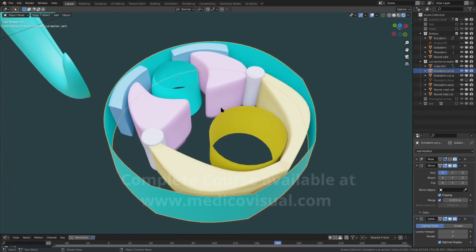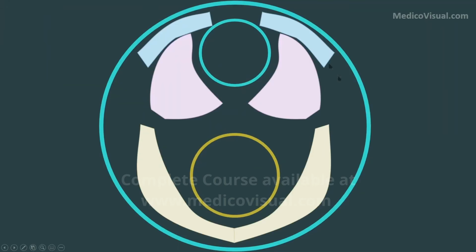And of course, inside the structure, it consists of loosely arranged mesenchymal cells. Here is the 2D view of that same cut section. Here is the paraxial mesoderm, here is the lateral plate mesoderm, and I have removed the intermediate mesoderm here for the sake of simplicity, because intermediate mesoderm is not required to be discussed here. There is no role of intermediate mesoderm in the pharyngeal arches development.